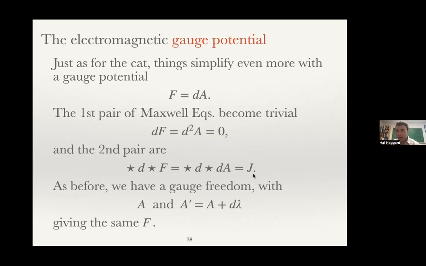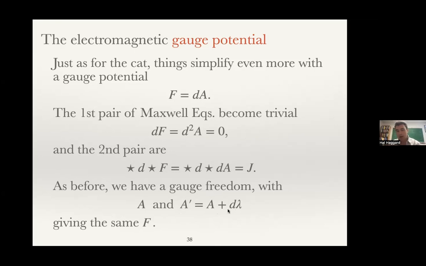And part of what I want to point out here is that we see this gauge freedom that we saw in the cat. I can start with one gauge potential that, say, satisfies Maxwell's equations. Say you already worked it out. And I can get another gauge potential that will also satisfy Maxwell's equations just by design. And you can see that by introducing A prime, which is A plus d lambda.